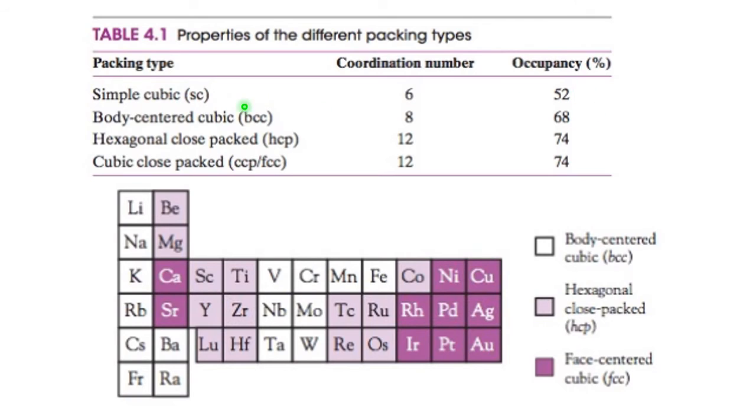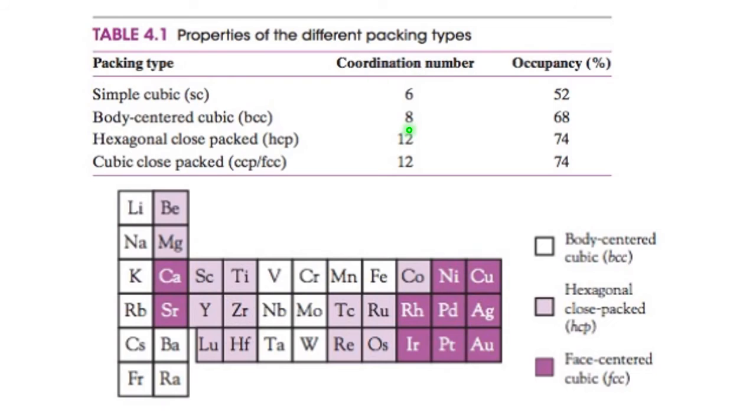There are some data, but that's tricky and questionable. Body-centered cubic gives occupancy that is very close to close packed hexagonal and cubic close packed. So this is a possible case.